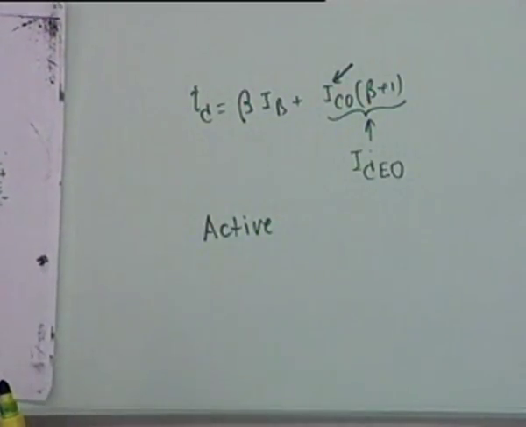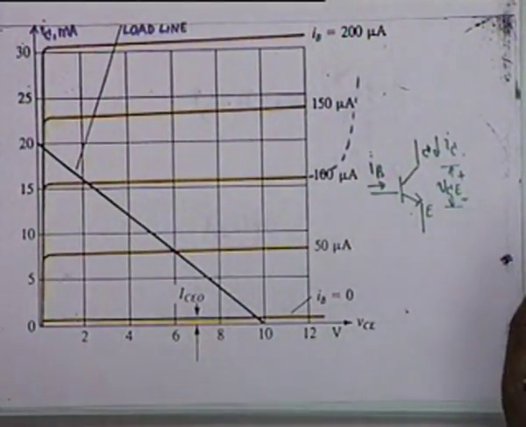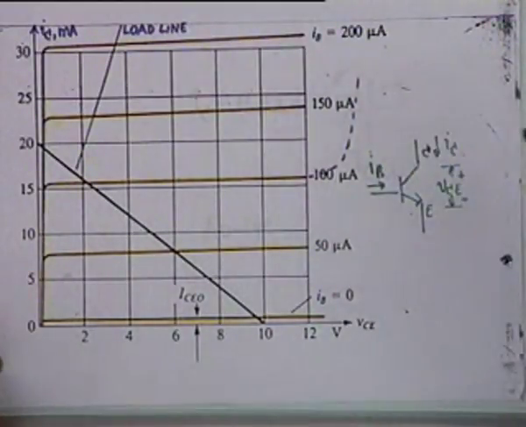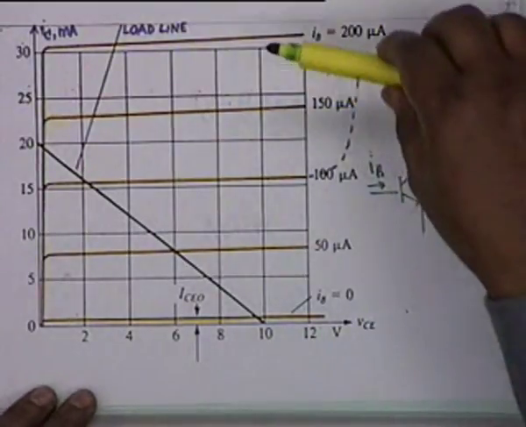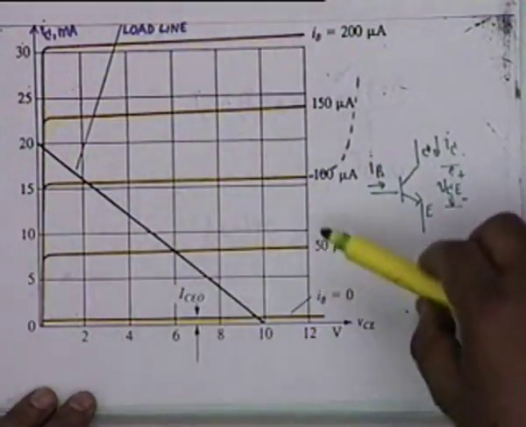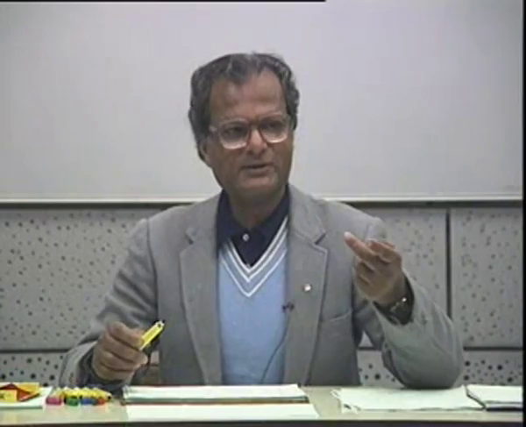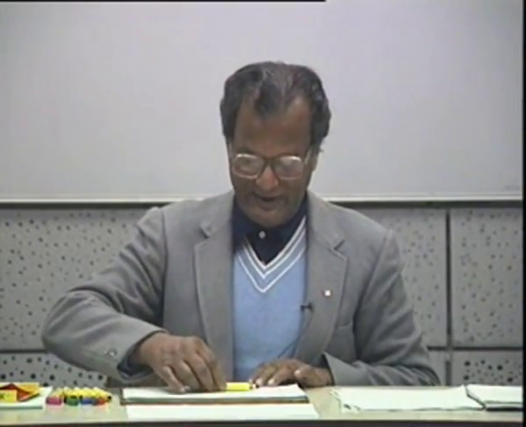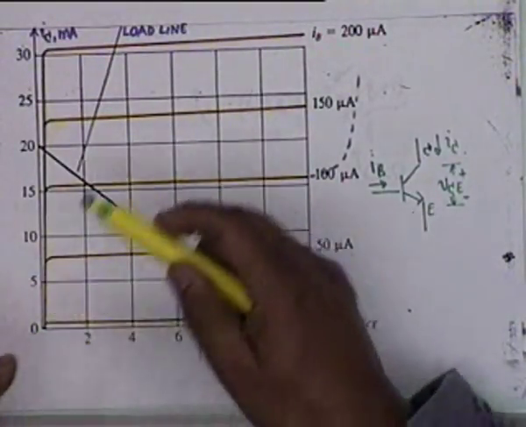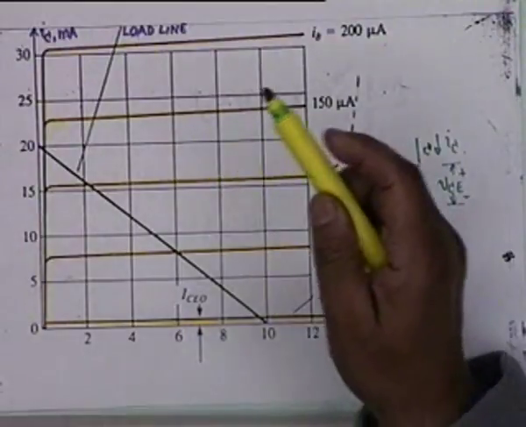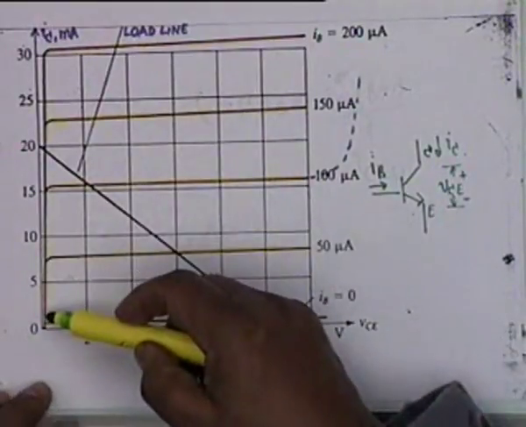The transistor is said to be in the active region, and if you look at this characteristic, the active region is contributed to by the region of the characteristic in which equal increments of IB lead to equal increments of I sub C, that is these parallel lines. Naturally the rising portion of the characteristic is excluded from the active region. The active region is bounded by this line.